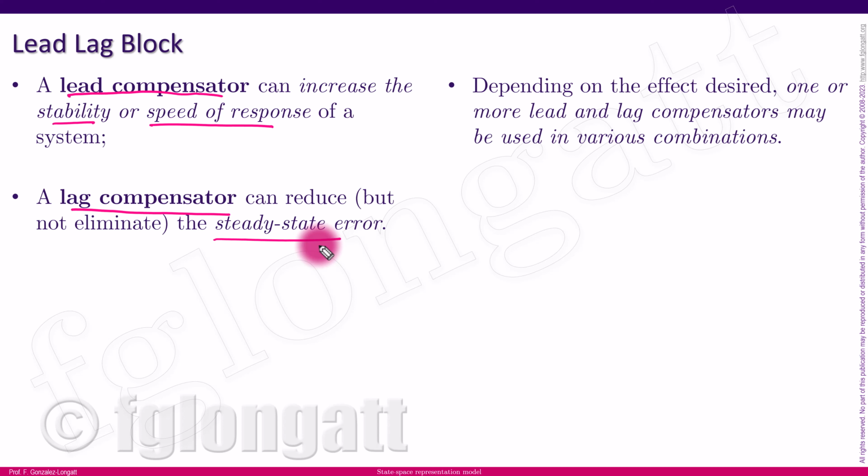So by combining those two control actions, we can control the time domain and the frequency response of the system. That is the reason the lead lag compensator is widely used in many control systems, okay?